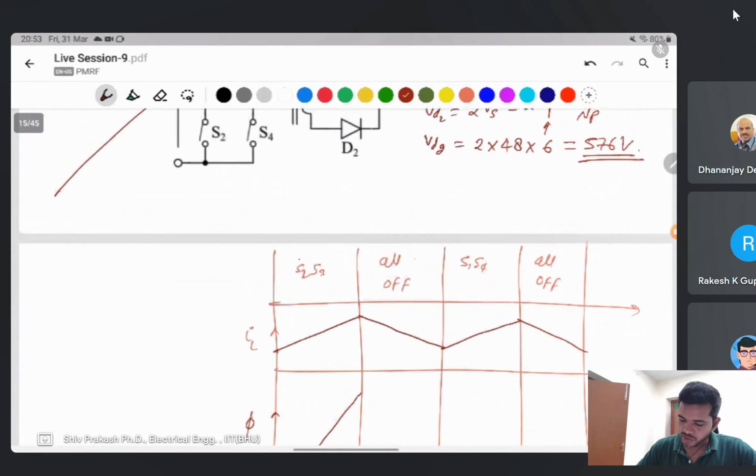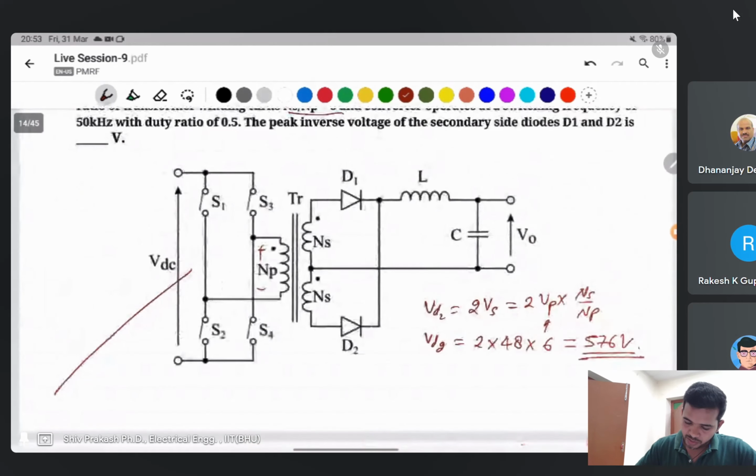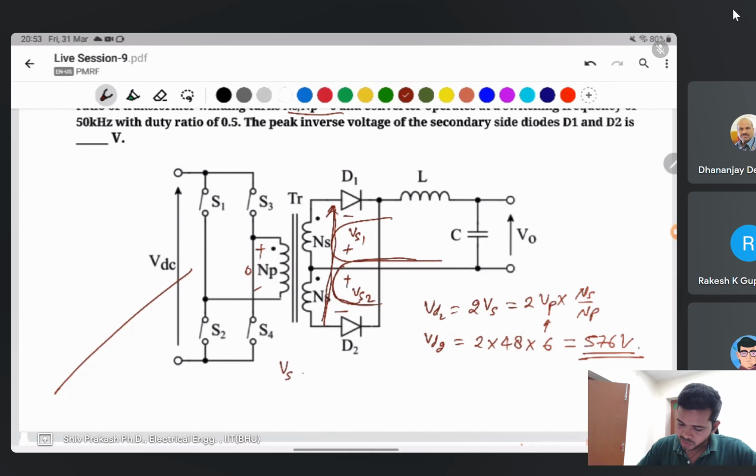After the switches are off, all the switches off, the primary winding voltage will be 0, and at that time the current flows like that. Then this one is positive, this one negative, VS1, and this one is VS2. Because the turn ratio is the same, VS1 and VS2 will be the same. Applying KVL here, the secondary side voltage VS is equal to 0.